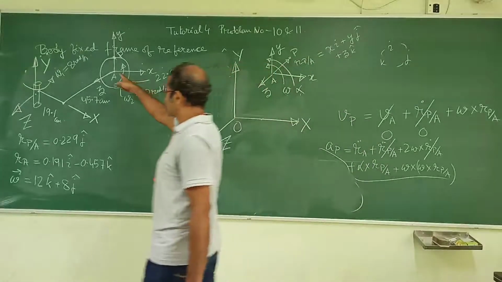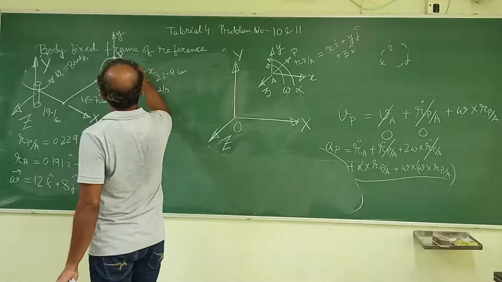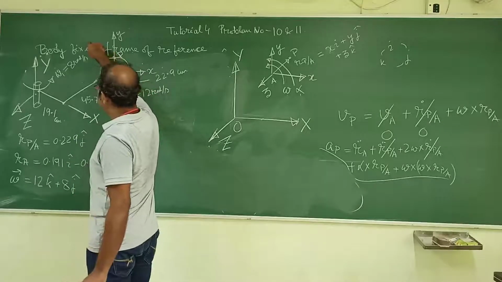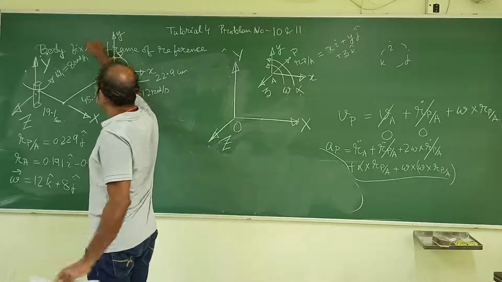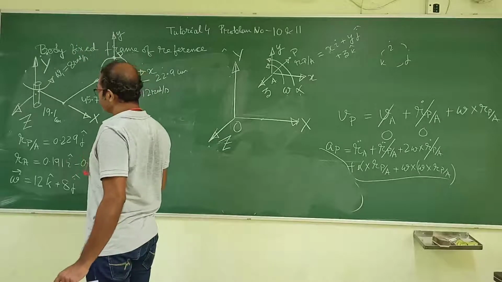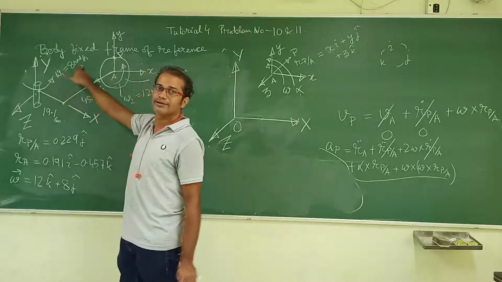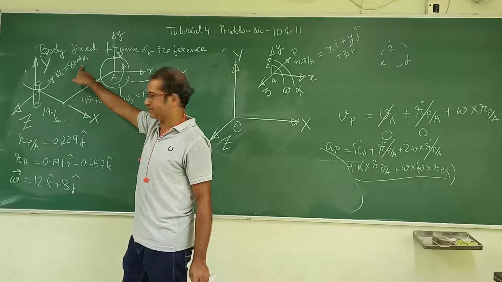So at this point it is having J and K, so it is in this plane, and this resultant angular velocity is going to rotate at 8 radian per second.